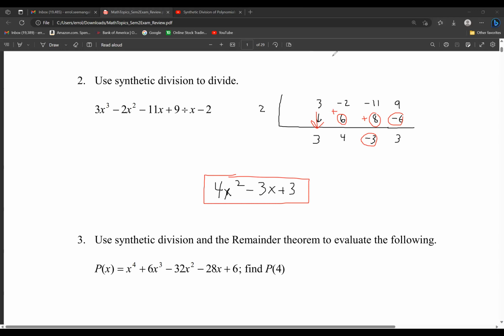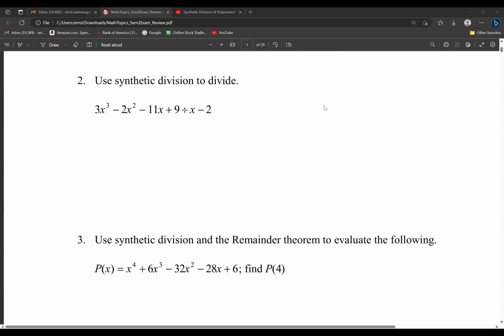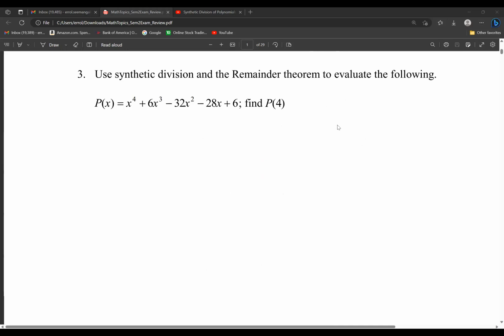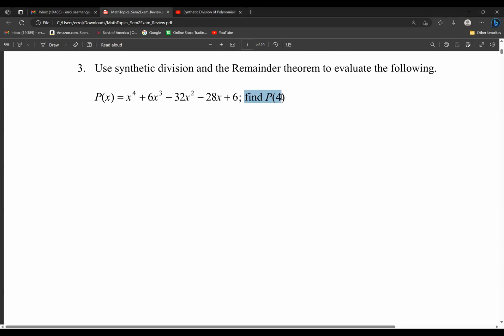All right, 3. Use synthetic division and the remainder theorem to evaluate the following. It says find P(4), right? So how are we going to do this one? Find P(4).